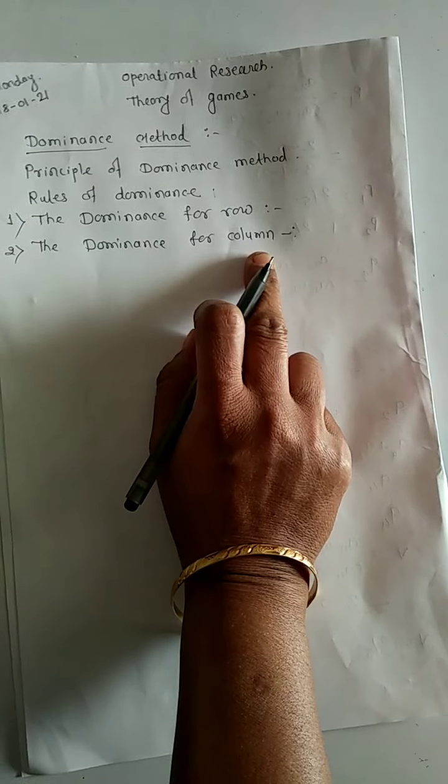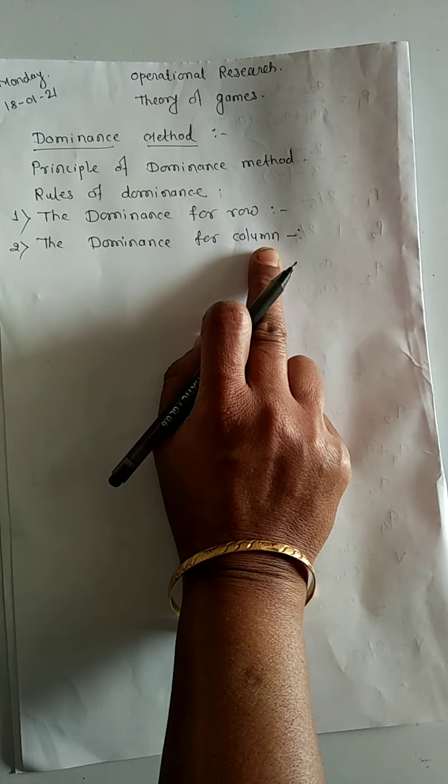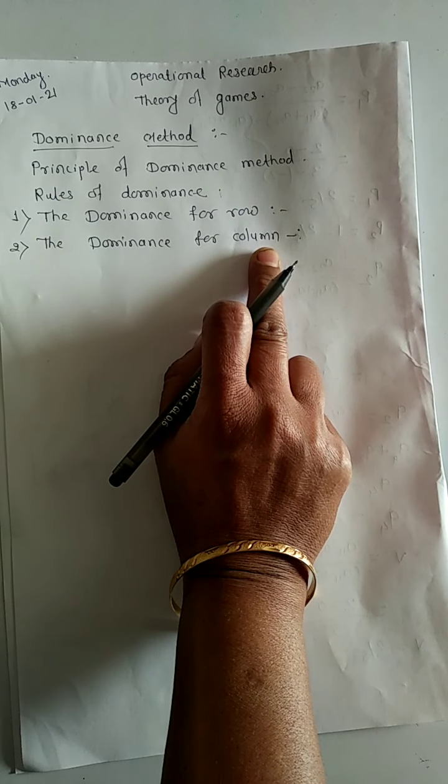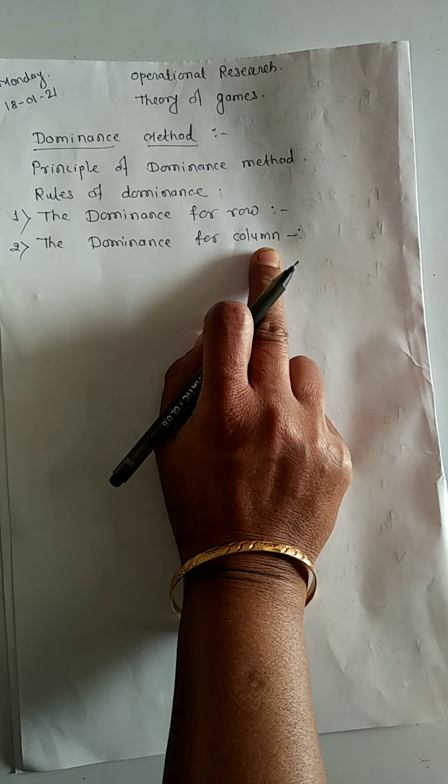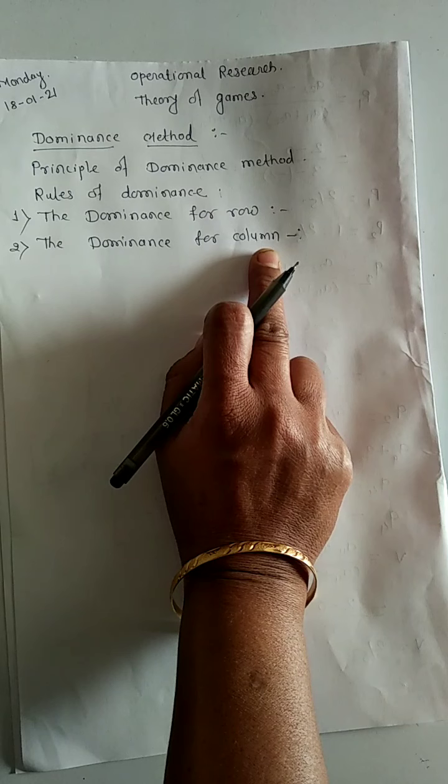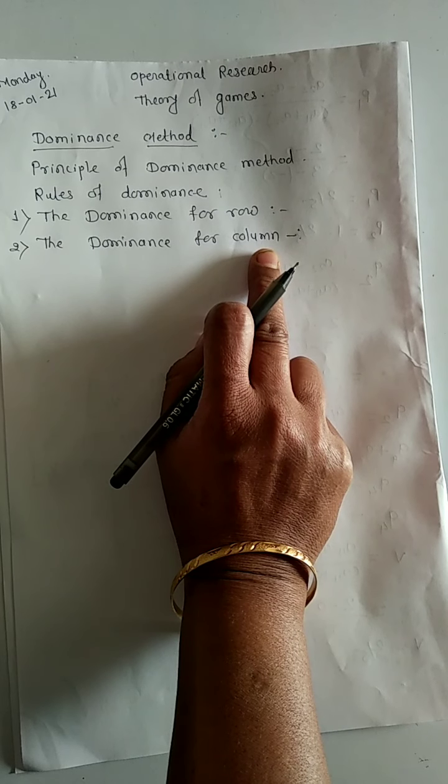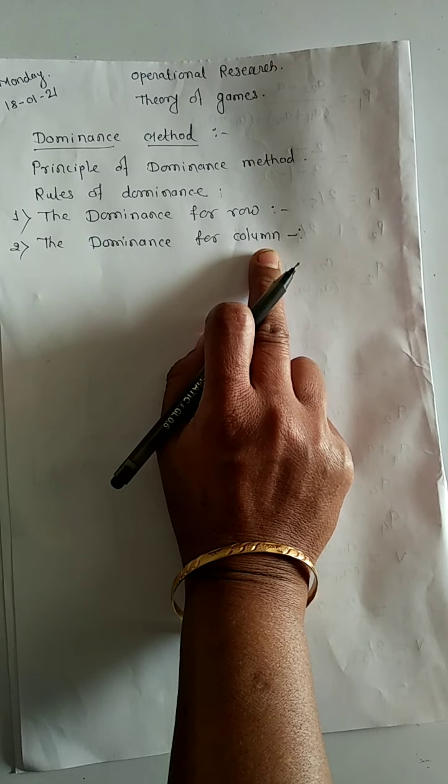And second is the rule for columns. If all the elements in the pth column of the payoff matrix are greater than or equal to the corresponding elements of the qth column, then the player will never choose the pth strategy or pth column.